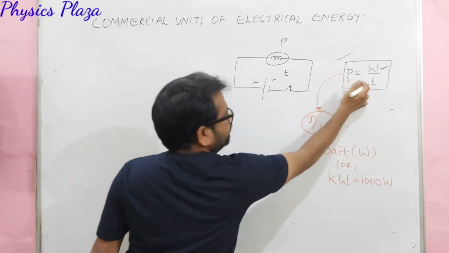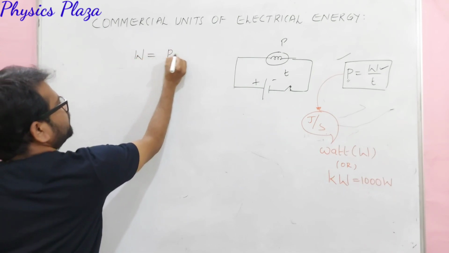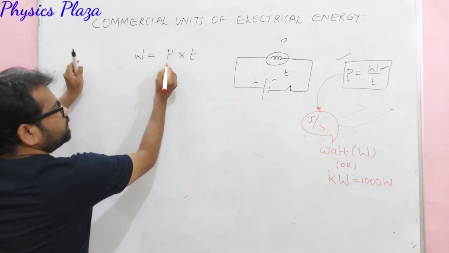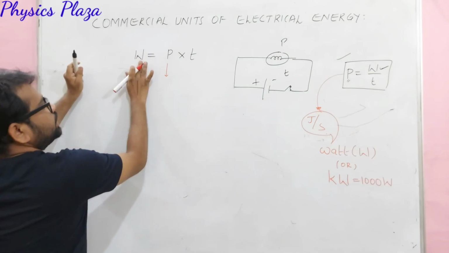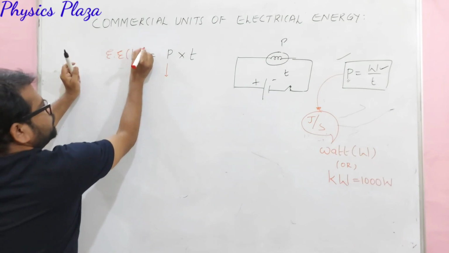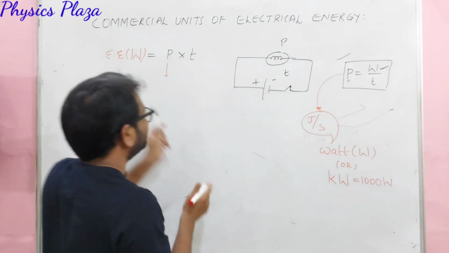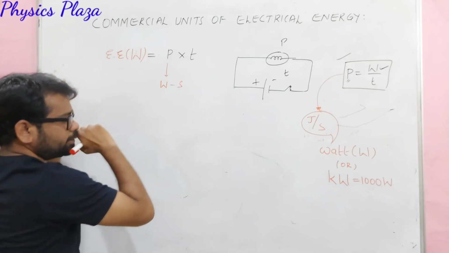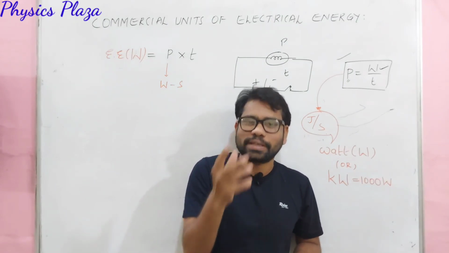As we know P is equal to W by T, we can calculate W, the electrical energy, as power into time. But dear children, don't get confused: electrical energy is represented by capital W, and we also use the same symbol for watt. Here power is in watt and time can be in seconds. But do you think we use electric appliances only for seconds?